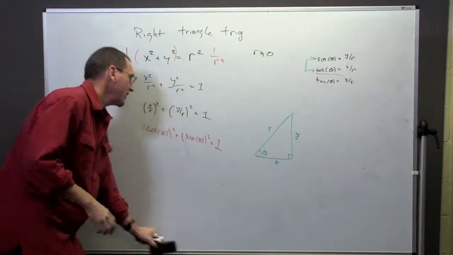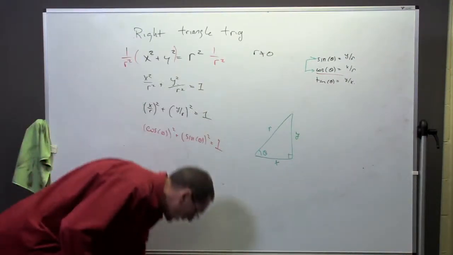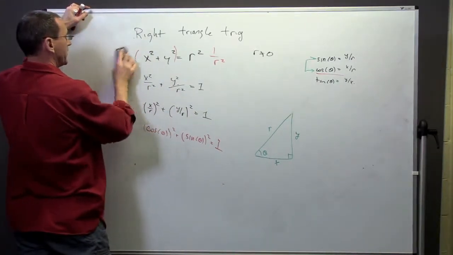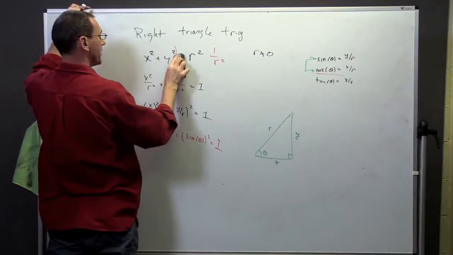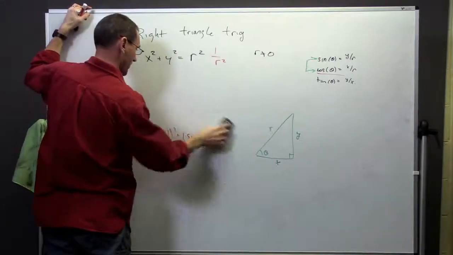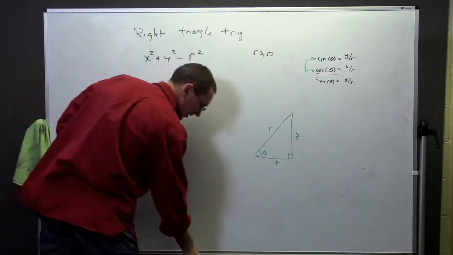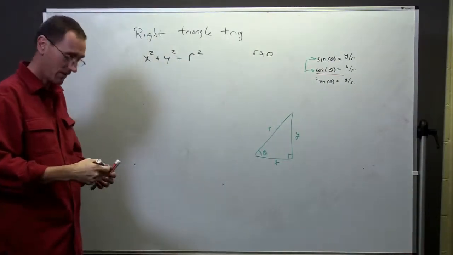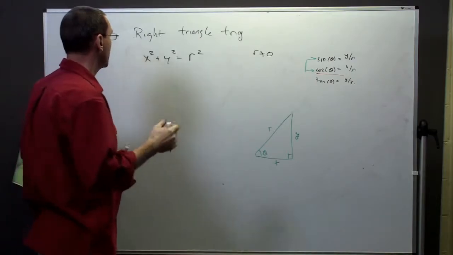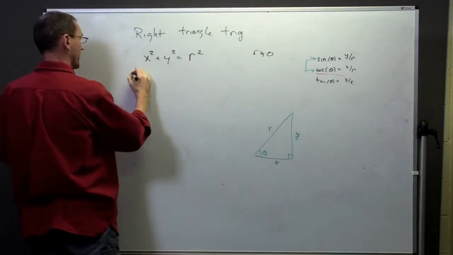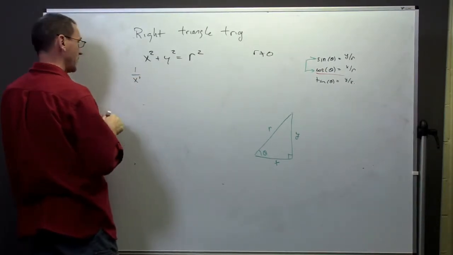Okay? Now this identity by itself also leads to other forms. So let's come back up to here. Actually, let me start back up with this. So this decision to divide through by the r squared was an arbitrary choice. Okay? Let me do this. Let me divide through by x squared. I can do this. So here's what I'm going to do.